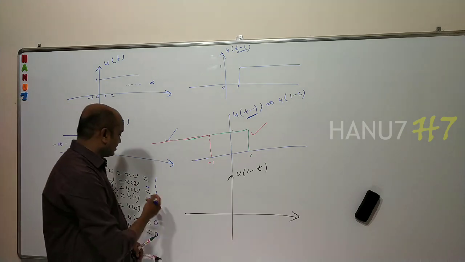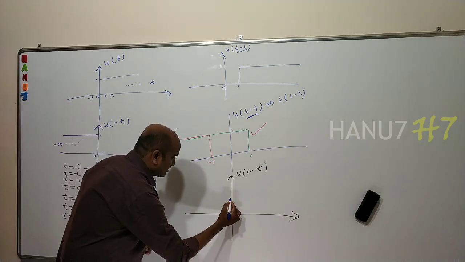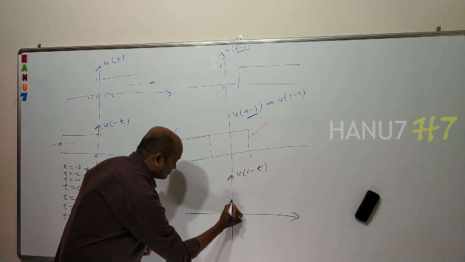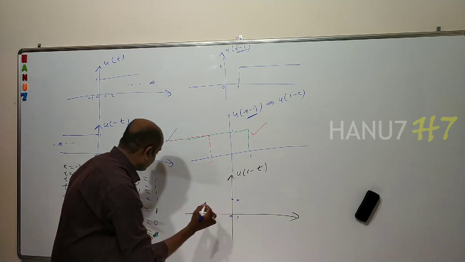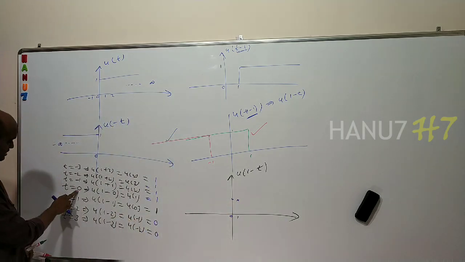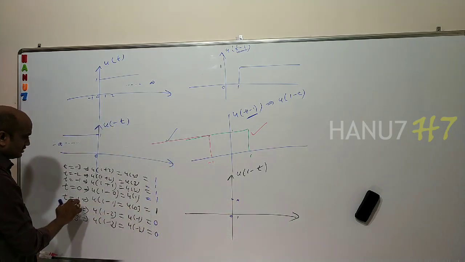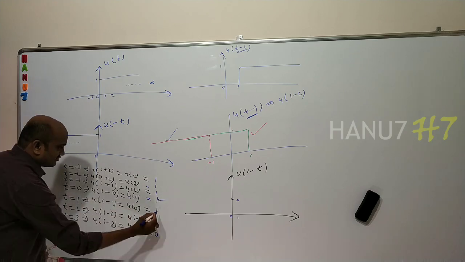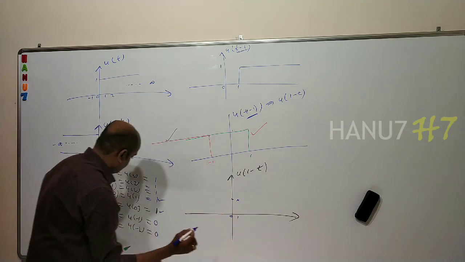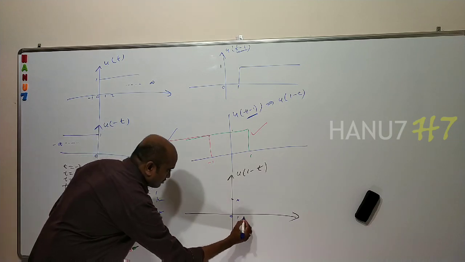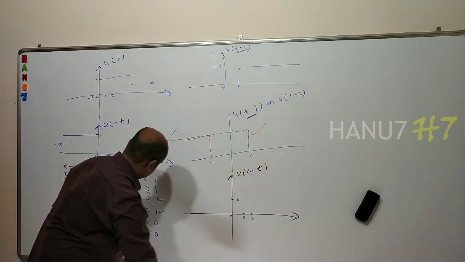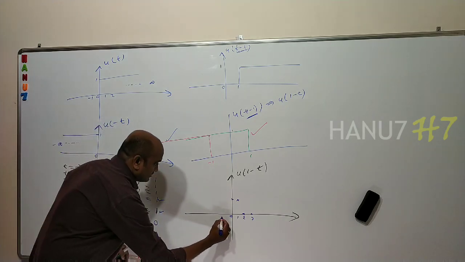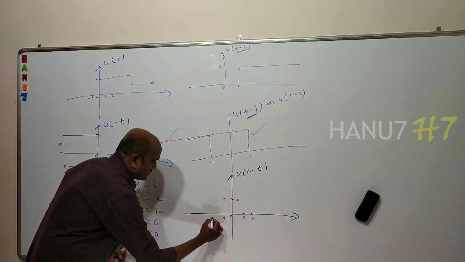So substitute all these values here. At 0 we got 1. So point it here. At 1 we got 1 again. At 2 we got 0. At 3 we got 0 and it continues. At minus 1 we got 1.